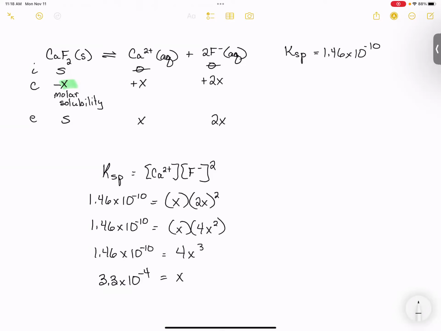So it would be 1.46 times 10 to the minus 10 divided by 4. And then you take the cube root of that. For those that don't know how to take a cube root, basically you take your answer raised to the 1/3. And that's how you can take a cube root.